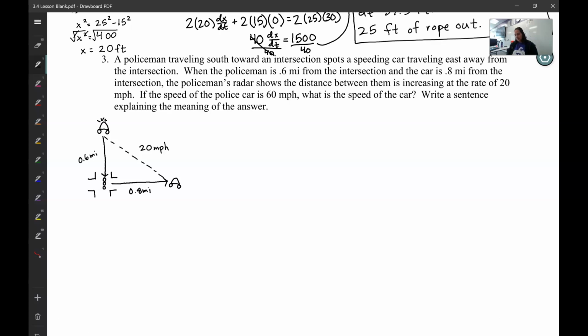If the speed of the police car is 60 miles per hour, what is the speed of the car? Now, let's start by giving this some letters.